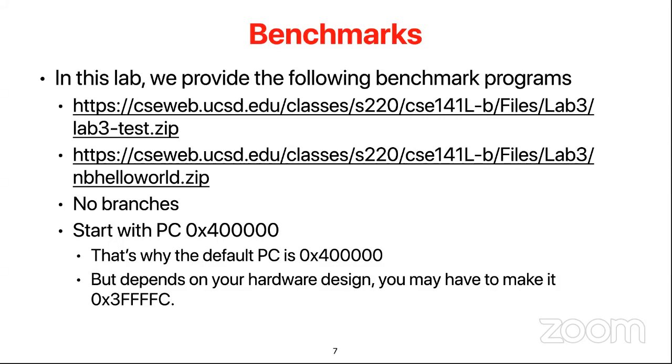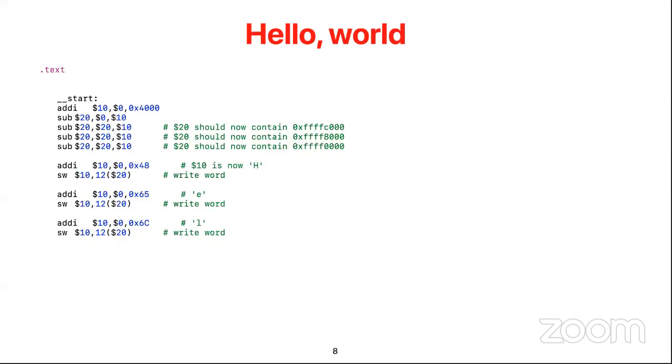So here, like I said, instead of designing your own test cases, we are using real programs to test your processor. And so here's the test bench. This program is called No Branch Hello World. For this No Branch Hello World, its assembly code is like this.